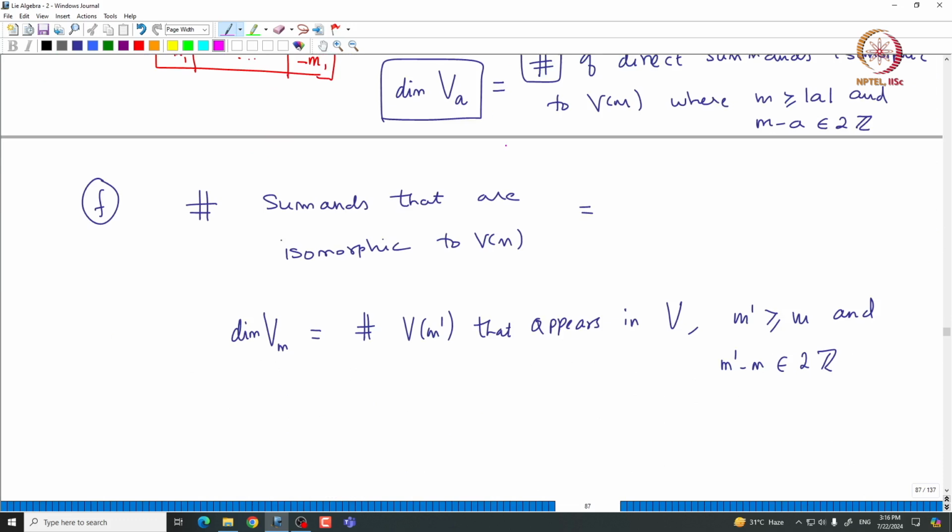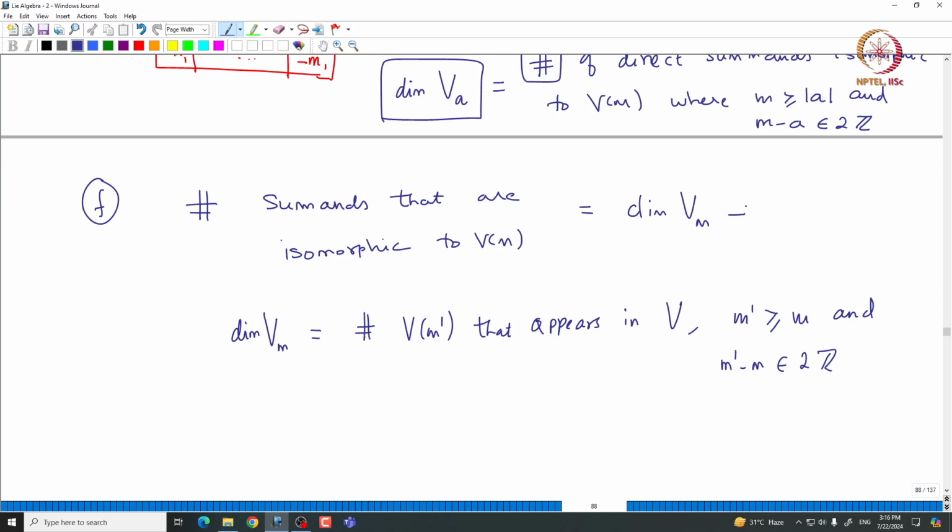So, from that you can easily see that the number of summands that are isomorphic to Vm is going to be exactly this: you take the total multiplicity of m inside capital V, which partially contributes to the top weight spaces corresponding to Vm.